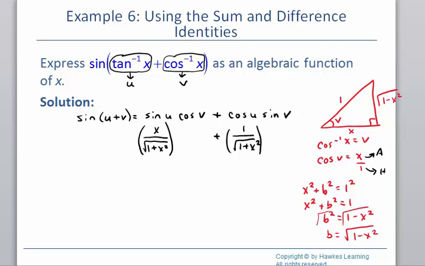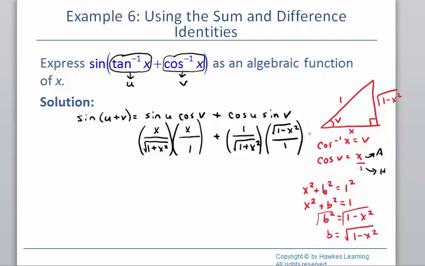And back to our problem, let's look at what we need from this triangle. We need cosine v. So again, cosine is going to be adjacent, which will be x, over the hypotenuse, which will be 1. We also need sine v. Sine will be the opposite over the hypotenuse.